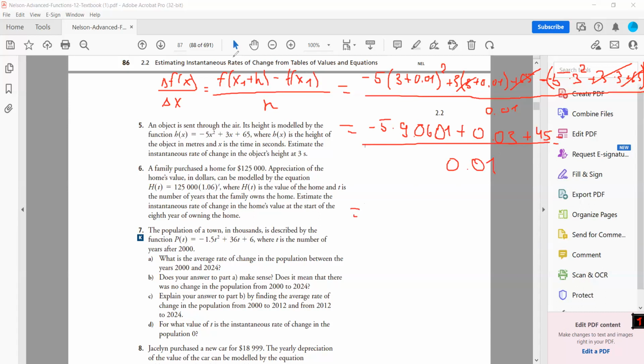Now I'm gonna have 5 times 9.0601. So here I get negative 45.3005 plus 0.03 plus 45.